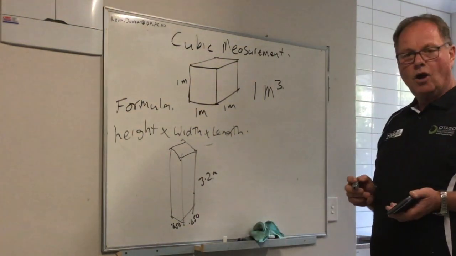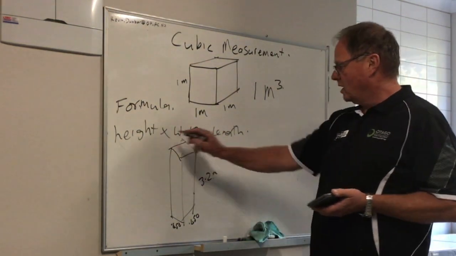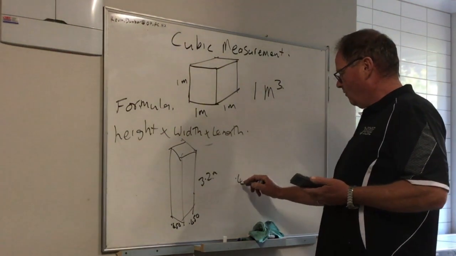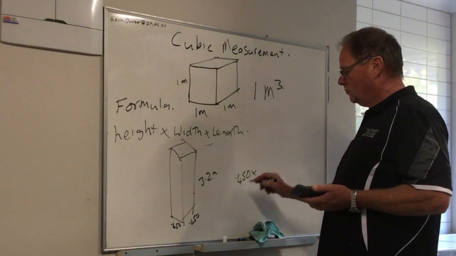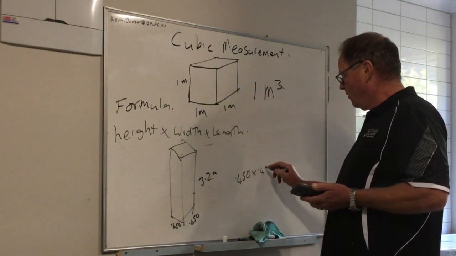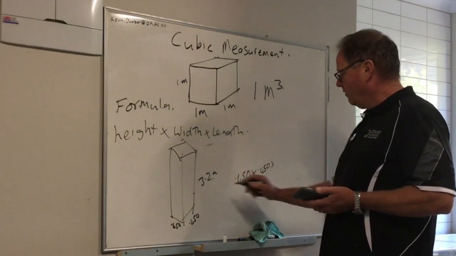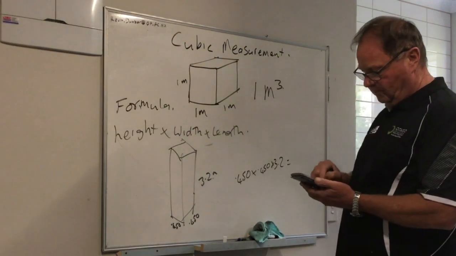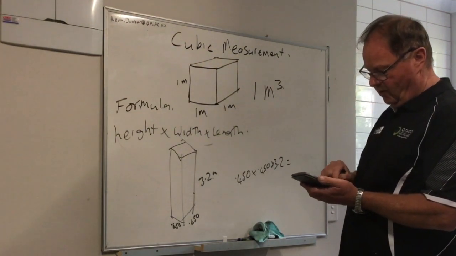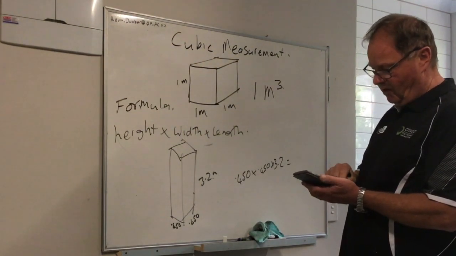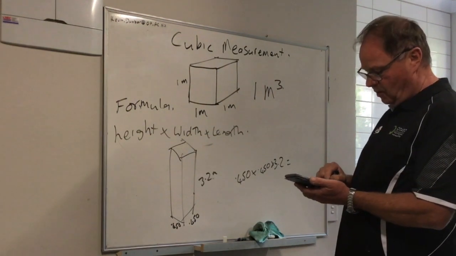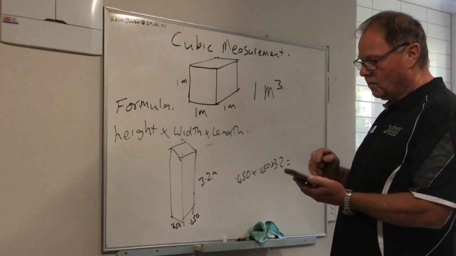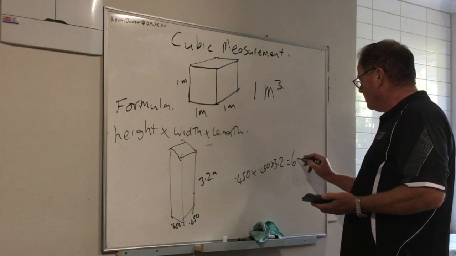That could be our column, so we use the same formula: 0.45 times the width, 0.45 times the height of 3.2. So 0.45 times 0.45 times 3.2 equals 6.48.